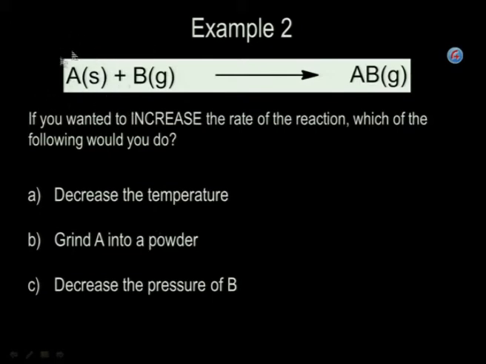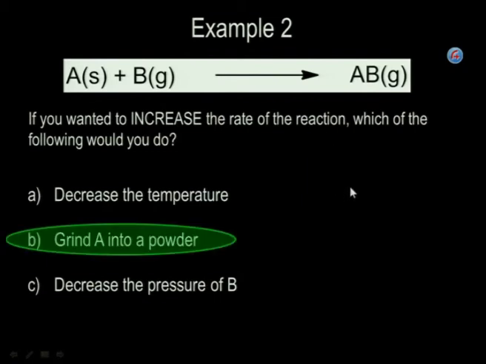Yes, that would increase the surface area of the reactant, and that causes an increase in reaction rate. Let's just look at the other one. Decrease the pressure of B. No, B is a gas, and therefore an increase in pressure would give you an increase in the rate of the reaction. Therefore, the correct answer is B. Grind A into a powder.